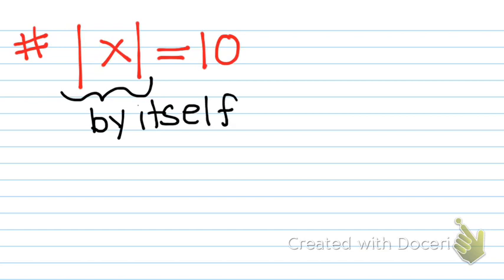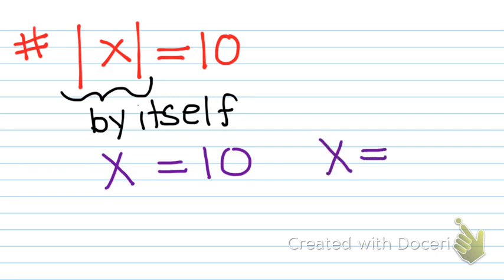Then you copy the number that's inside the absolute value and you copy the number outside twice. So you write this equation twice. But what you do is you stick a negative on the left side of one of the equation.